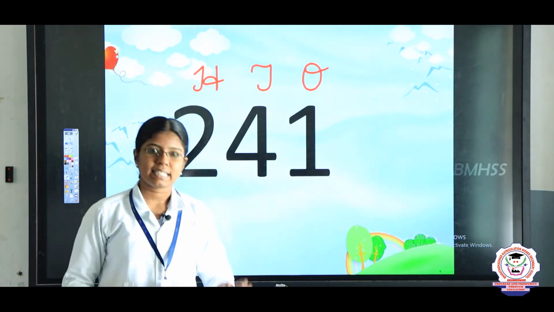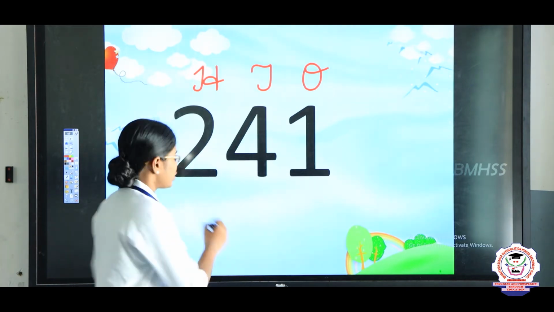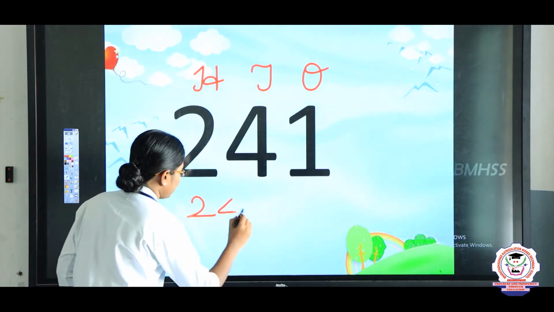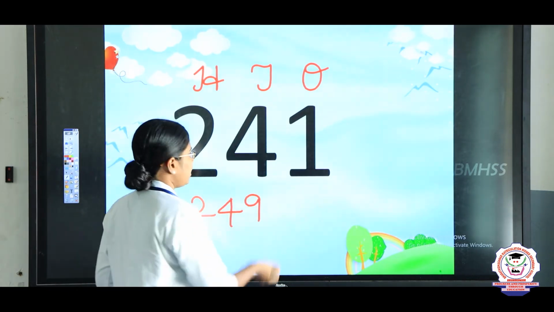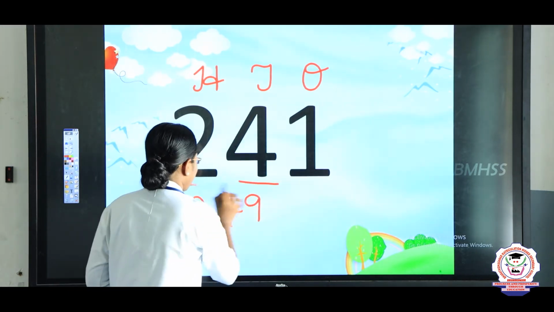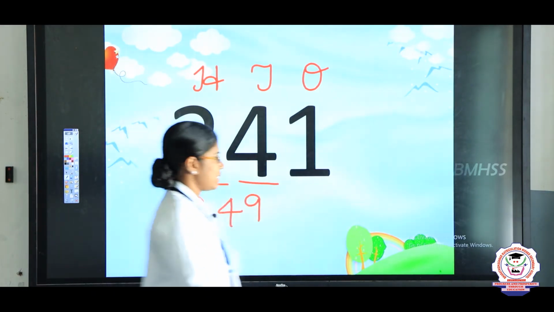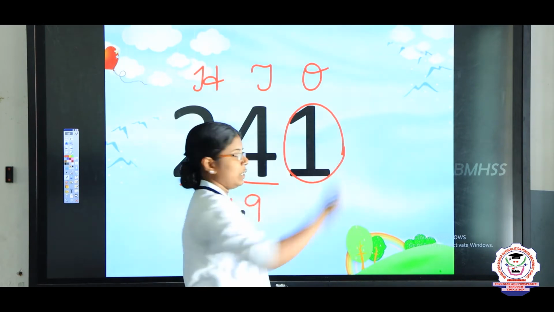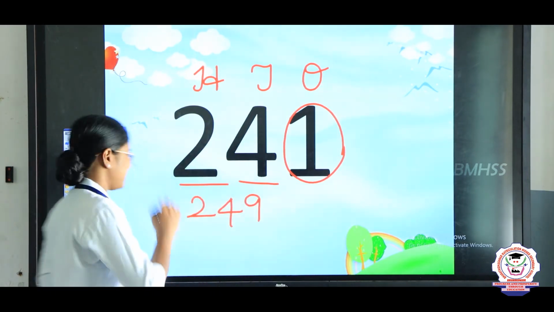In this series, the numbers from 241 to 249, we should not change the tens place and hundreds place values, okay children? We should only change the ones place value, okay children? So keep your mind and listen to me.